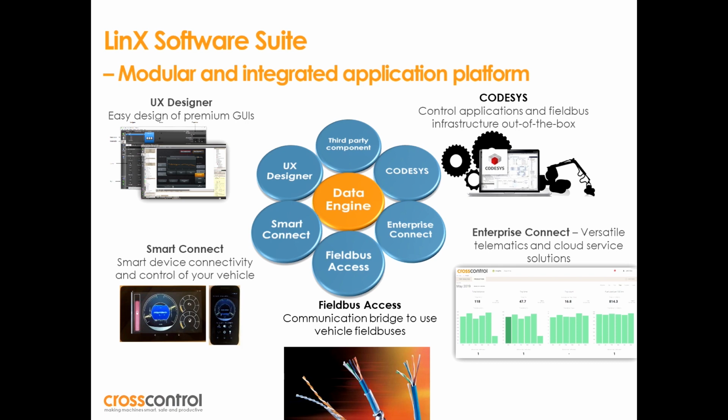And also if you want to show that on a smartphone that you have access to, then you just combine this with Data Engine. So that takes care of the data shuffling between the different modules. It's a very good and convenient integration.